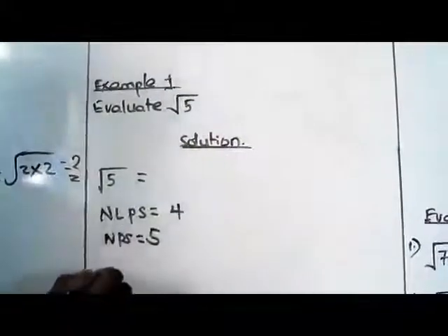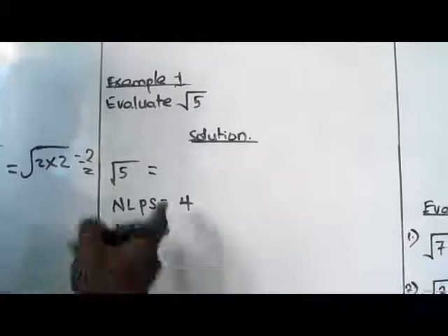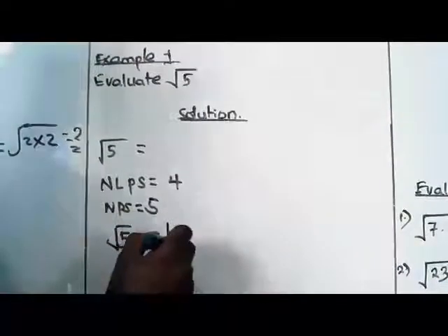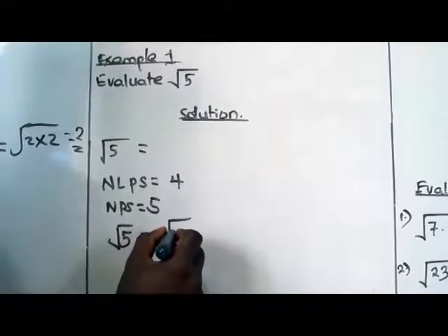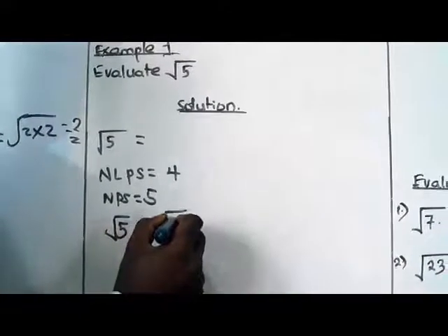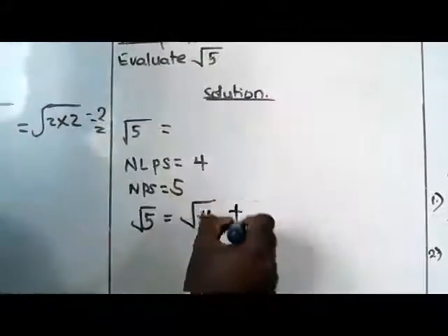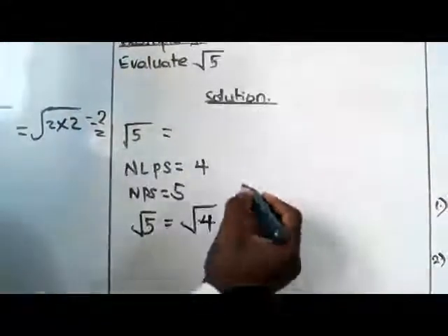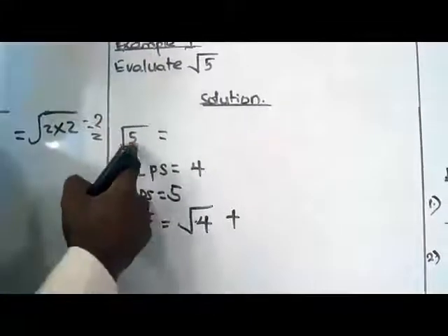Now, to evaluate square root of 5, I start all over again. If you go by the formula, it will be the square root of the next lower perfect square, that will be 4. Now, the next is plus. Then I have my non-perfect square. I'm following the formula now. The non-perfect square is the question that we are given.